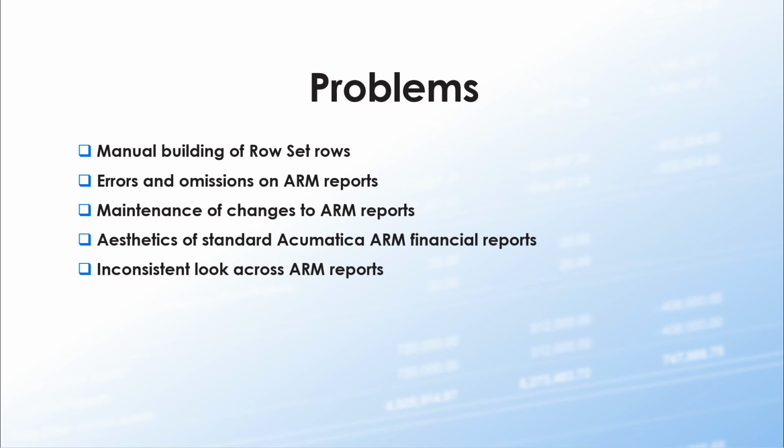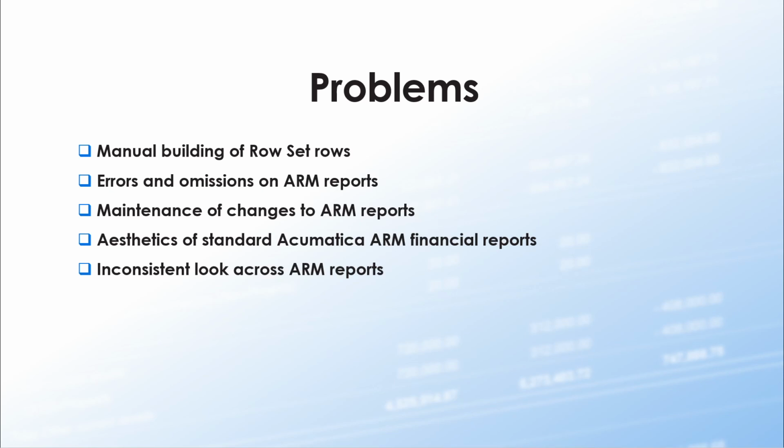So anybody who's tried to create any financial reports on any custom account classes for a client and make it look nice, you know it's going to be many hours of work. And then if anything changes or the customer wants changes, it is very time consuming to make those changes as well.